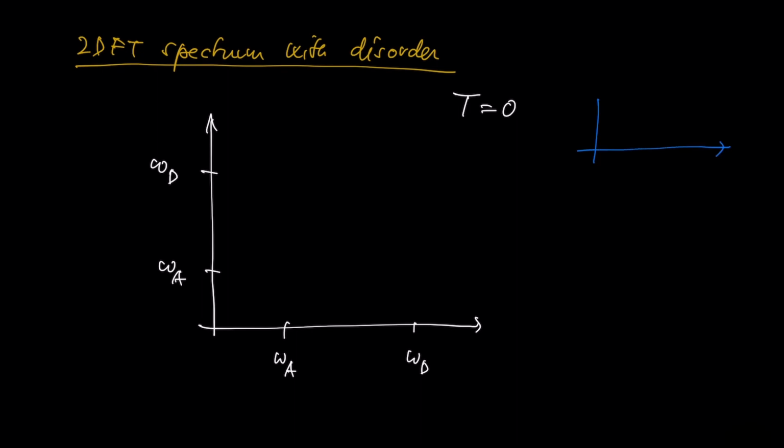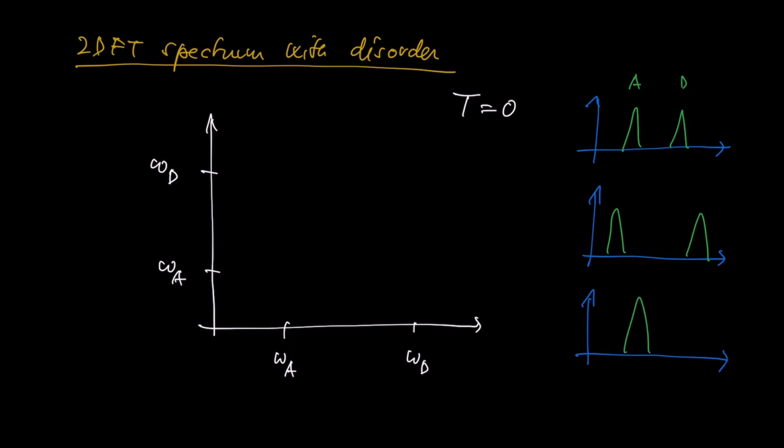We know that these molecules have disorder, so there might be independent fluctuations of their energy gaps. So we will have in one case acceptor and donor like this. In another case, for a different molecule at a particular time, we might have them farther apart, or we might have them closer to each other.